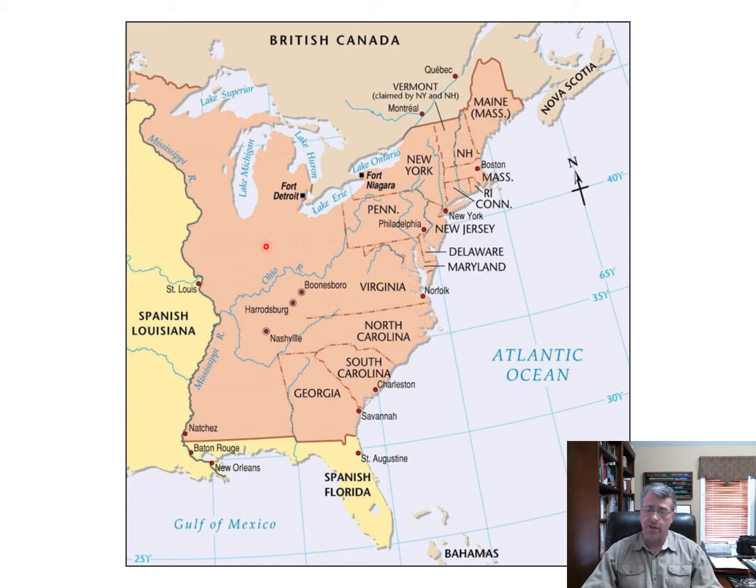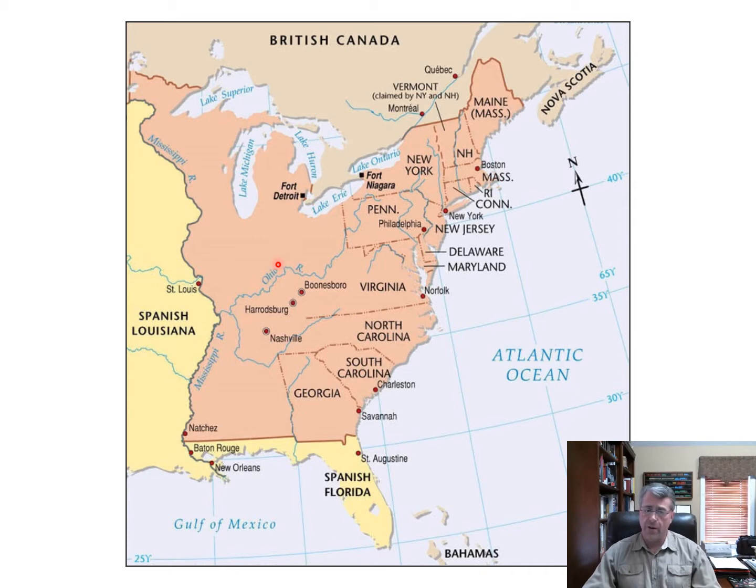There's very few settlers living in this area in the immediate aftermath of the Revolution. So a lot of people want to move out here. If you remember back in the French and Indian War, after that war was over, a lot of people wanted to move onto the frontier, but the British government said no, wanted to avoid conflict with the Indians. Now that this is our territory, we want to decide for ourselves how best to use it, and settling this frontier is of primary importance now to a lot of people.